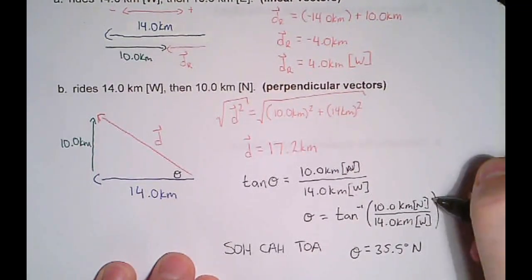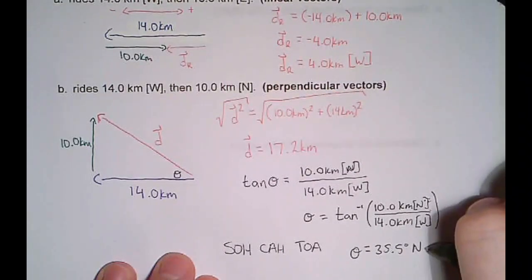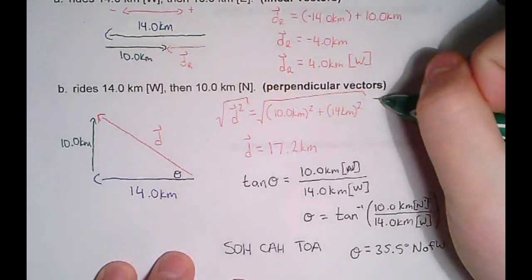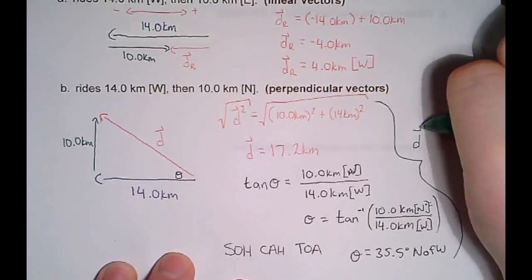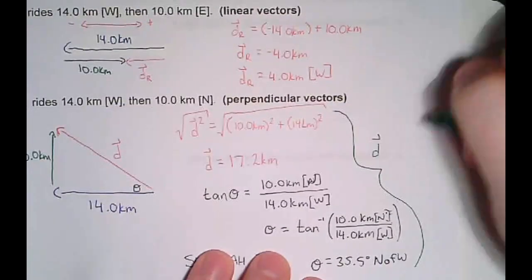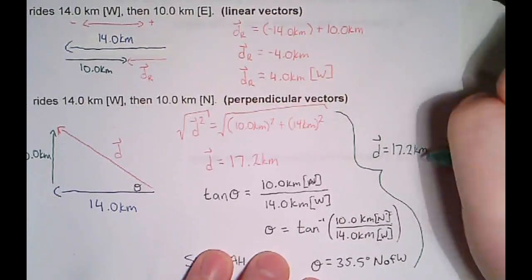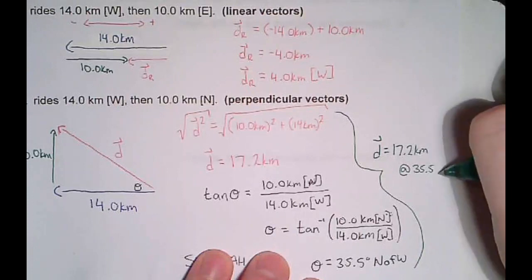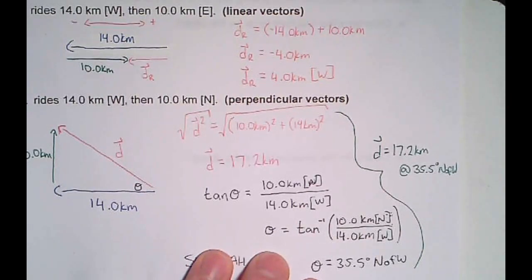That's why we put our directions in our equations. We follow it north of west. So when we put all of this together, our final answer is his displacement is equal to 17.2 kilometers at 35.5 degrees north of west.